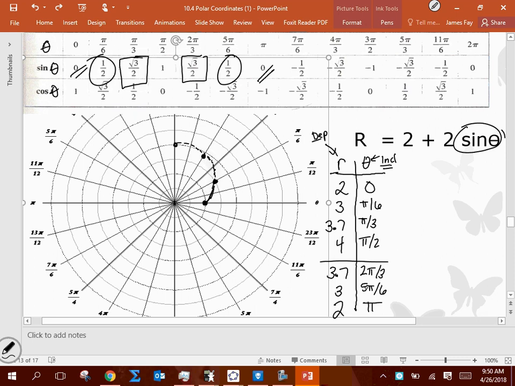So you see how we get those patterns? These values are repeating themselves. This happens a lot with these types of curves. So 3.7 comma 2 pi over 3 is going to be about right there. 5 pi over 6, 3 is going to be right there.